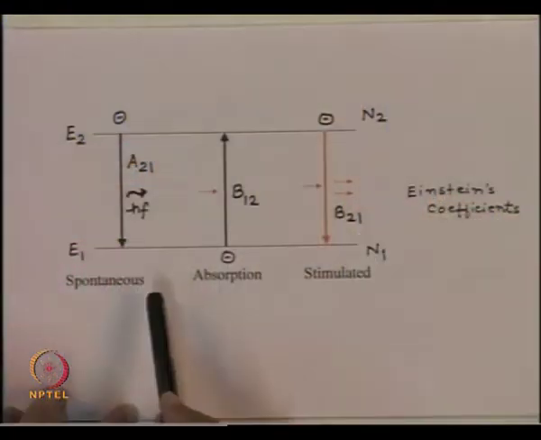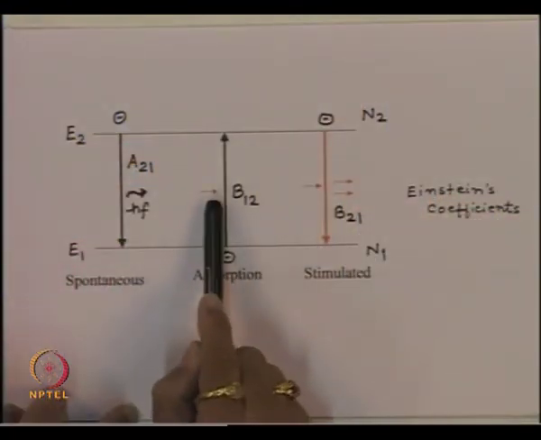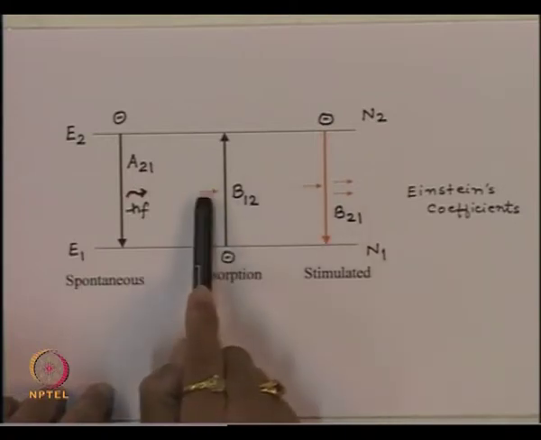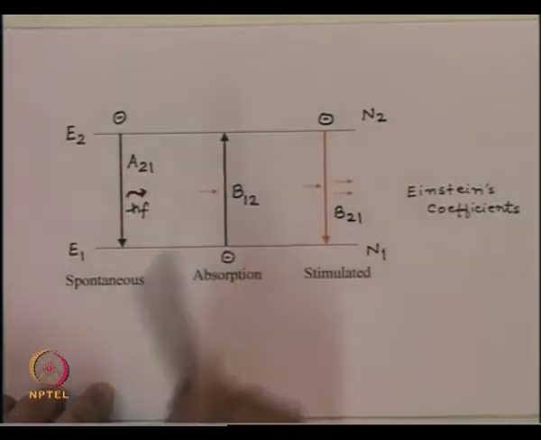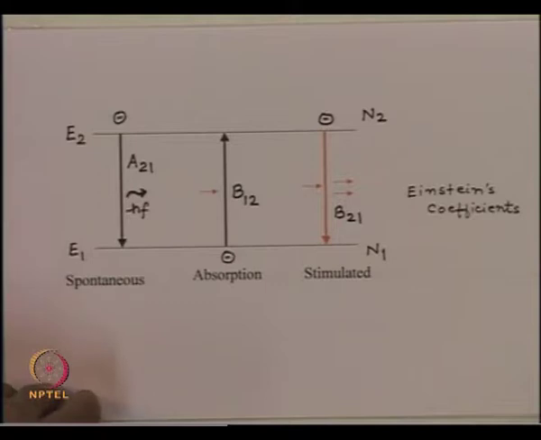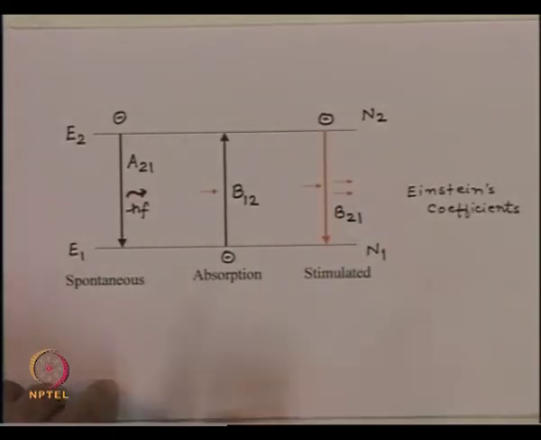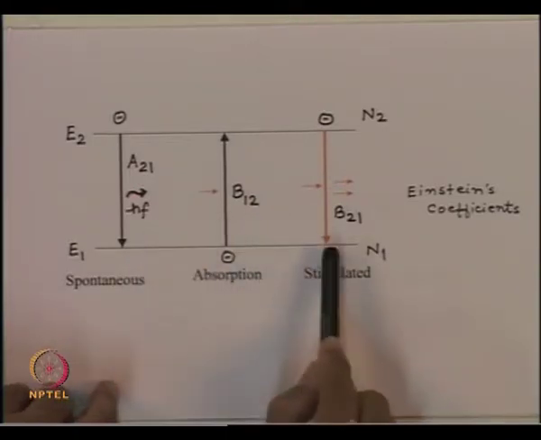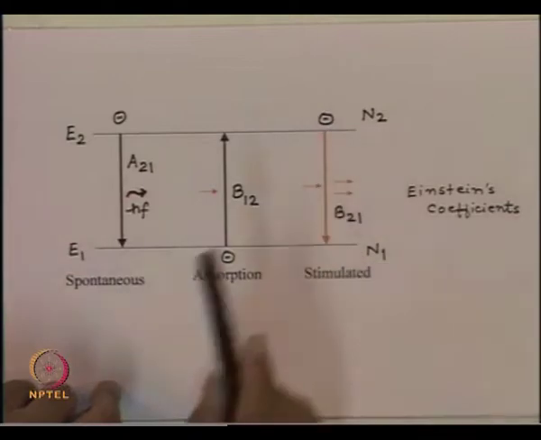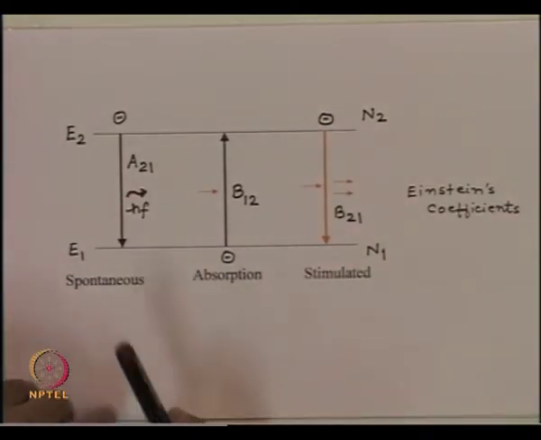That means, for taking the electron from here to here, I must supply a photon which has exactly the energy equal to the difference of these two energies. Now, if the energy is exactly the same as the difference, that means the frequency of the photon which is to be supplied for transporting electrons from this level to this level is the same as the photon we essentially want to generate by the stimulated emission.